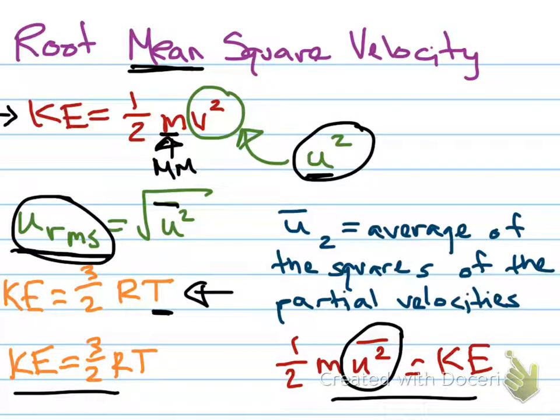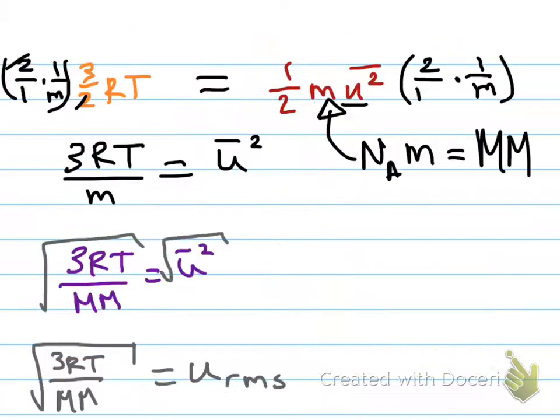We're going to set our equations equal to each other, and we need to get U squared alone. So first we multiply by 2 to get rid of our 1/2, then we divide by m to get rid of our mass. What we do to one side, we have to do to the other side.